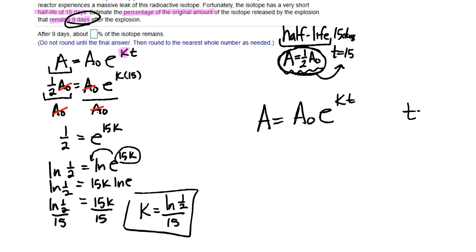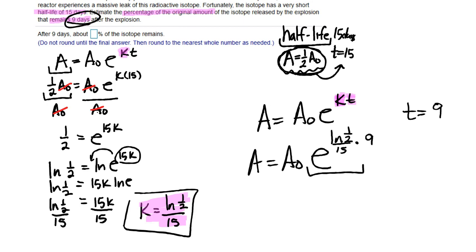So now t is going to equal 9. I'm also going to substitute what we figured out for k, and then we'll be able to figure out the percentage. So we get e to the natural log 1/2 over 15 times 9.